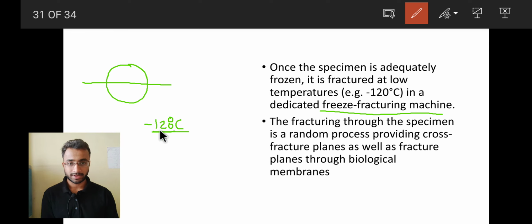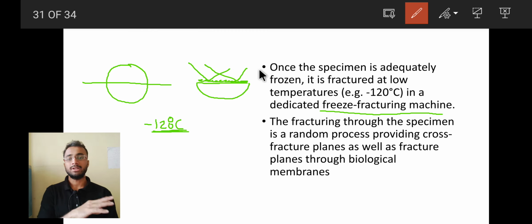First we will freeze this material at minus 120 degrees Celsius. Then we will fracture this specimen so that we can get a better view from the inside of this particular specimen. Once we fracture this specimen, this side will get exposed and we can study what exactly is present inside this biological sample, and the electron will scan this upper portion and collect information on a digital screen.